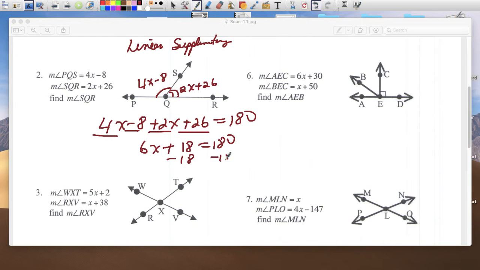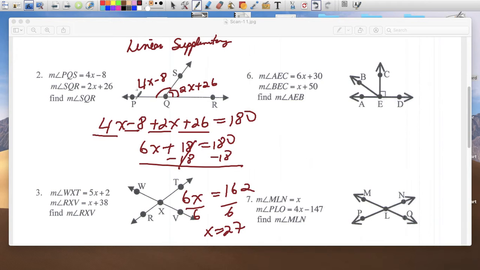Minus 18 from both sides, so 6x equals 162. Now divide both sides by 6, 162 divided by 6, and x equals 27.